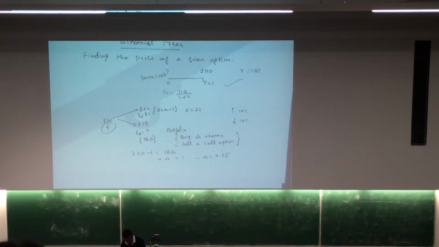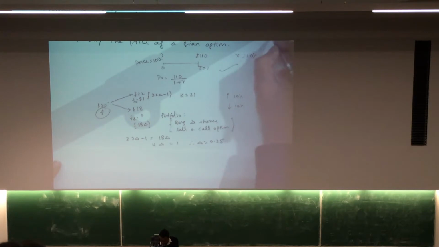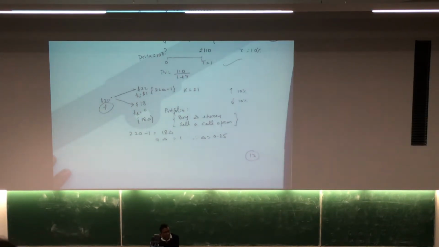I know that I am supposed to hold delta equals 0.25 stocks, then the future value is going to be the same, up or down, it doesn't matter.